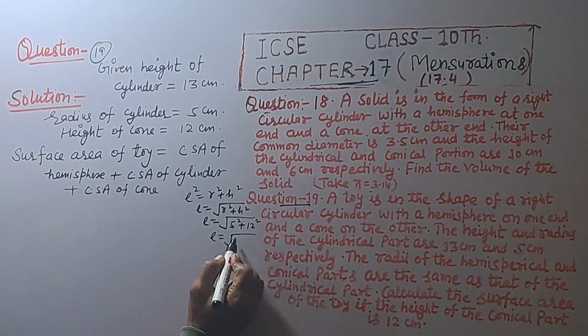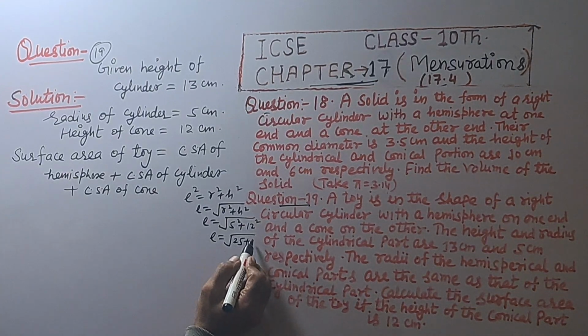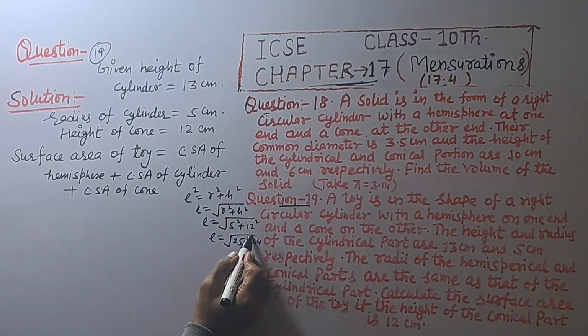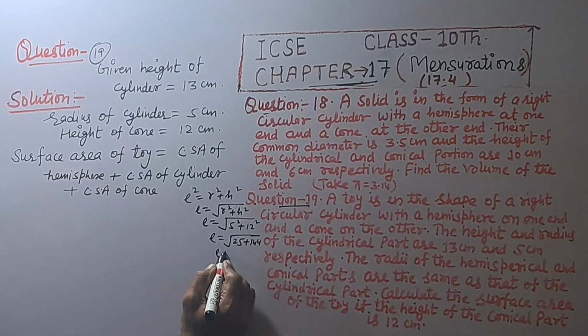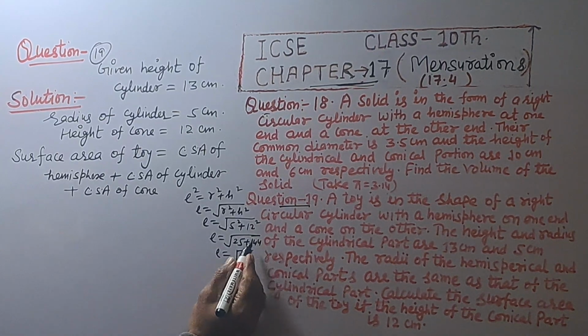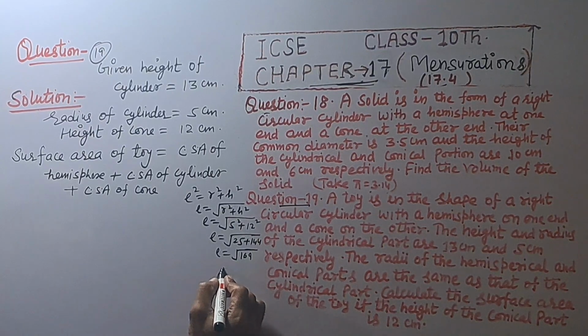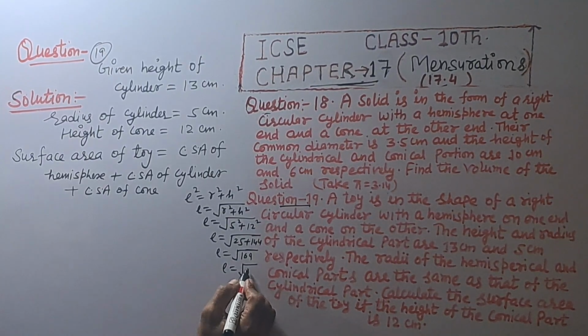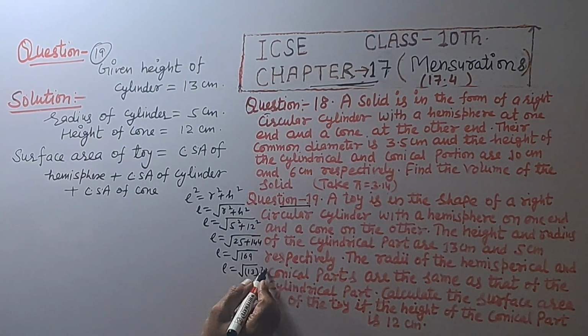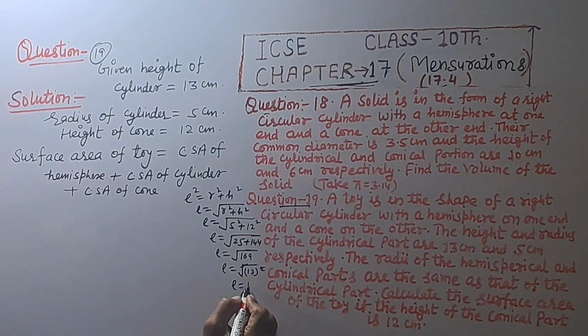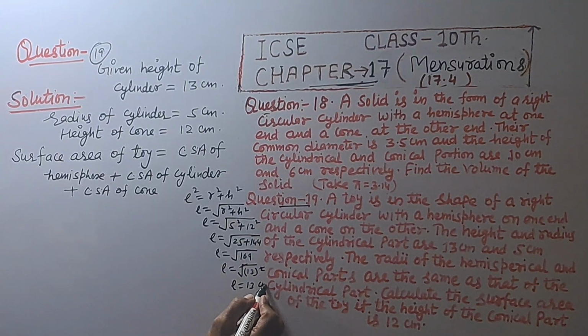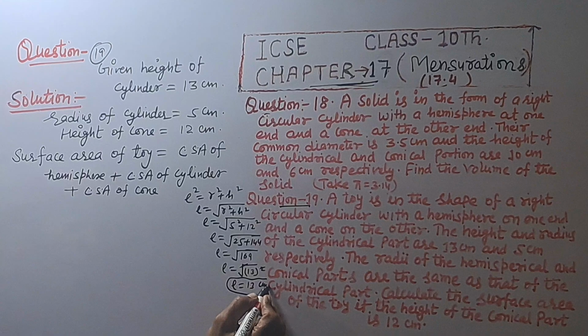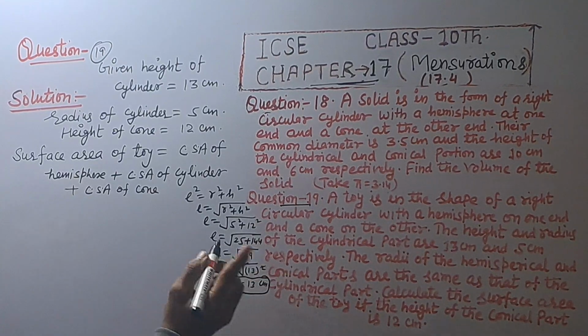So L squared is 5 5s are 25 and 12 12s are 144. L squared is equal to 144 plus 25, which is 169. Slant height L is the square root of 169, that is 13, so L is equal to 13 centimeter. It's the slant height of the cone.